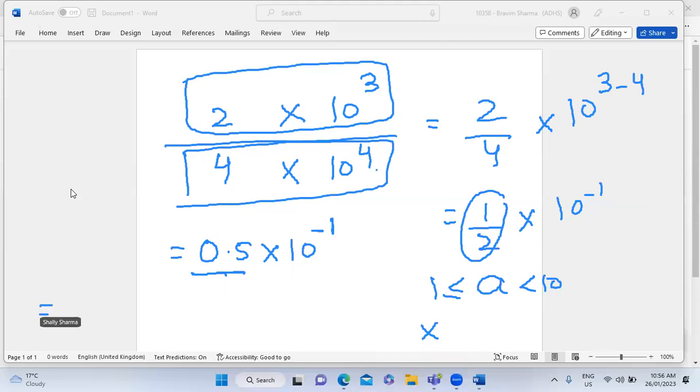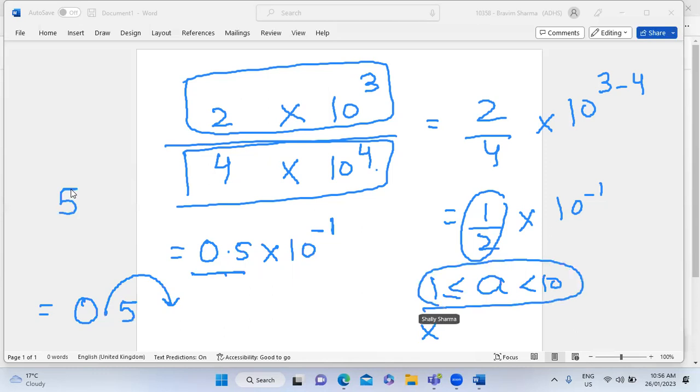So I have 0.5. If I move this decimal point by one place, I will be getting the number 5, and that is valid to take. So that means I will times this 0.5 by 10. But if I multiply, I have to divide also.